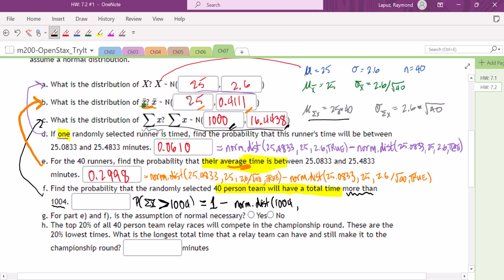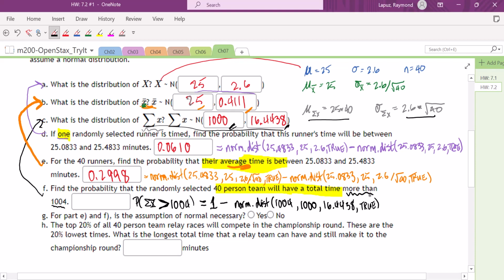So I can say 20 times 40 or 25 times 40, or I can just say 100 or 1000, sorry. And then the standard deviation is 2.6 times square root of 40, or 16.4438. And then cumulative again.